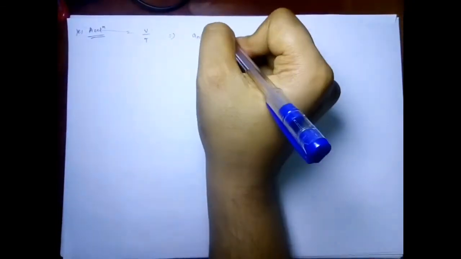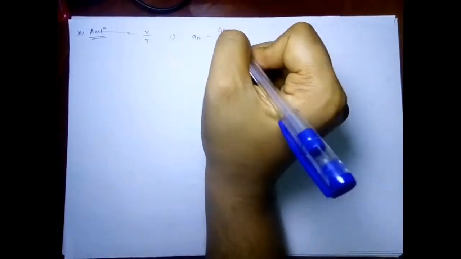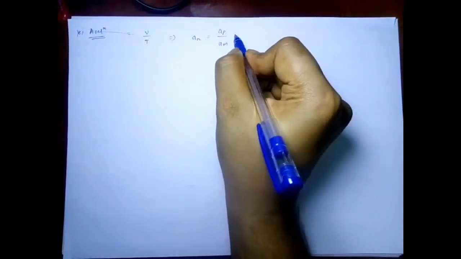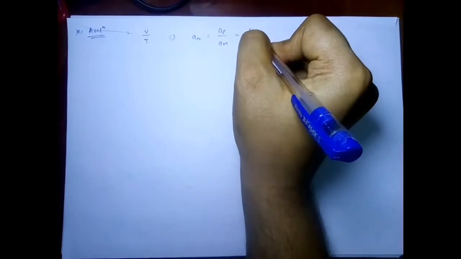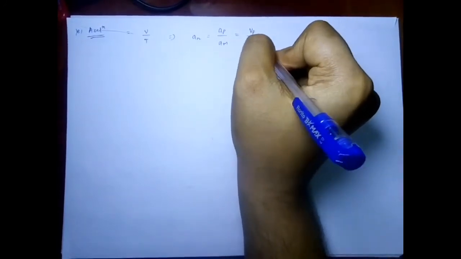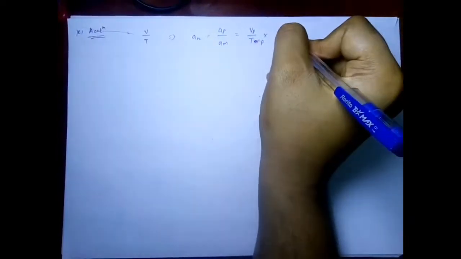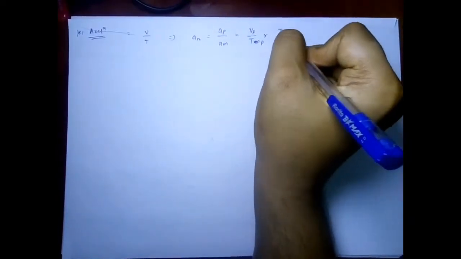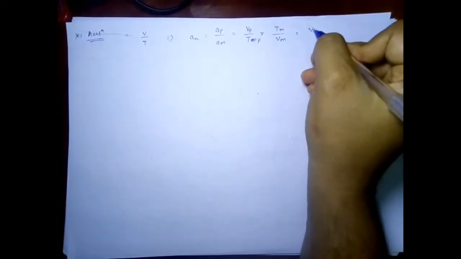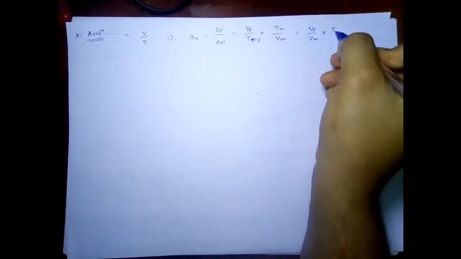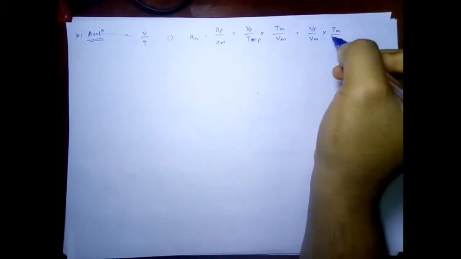So let us consider AR is equal to AP upon AM, acceleration of prototype upon acceleration of model, and it is equal to VP upon TP times TM upon VM, so it will be equal to VP upon VM times TM upon TP.